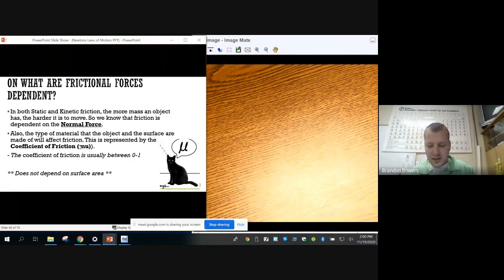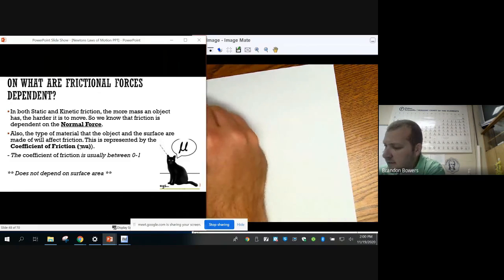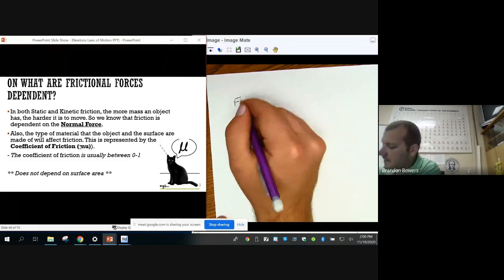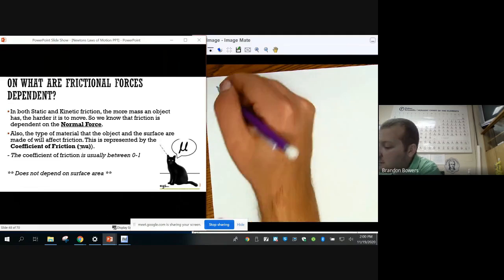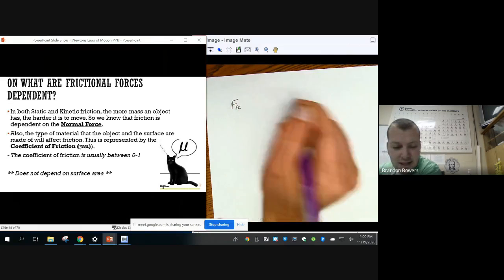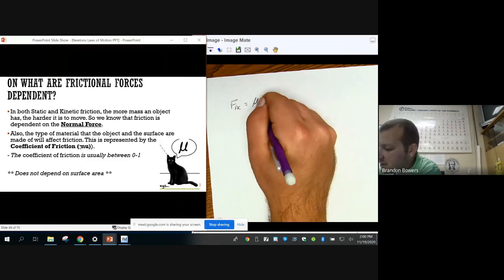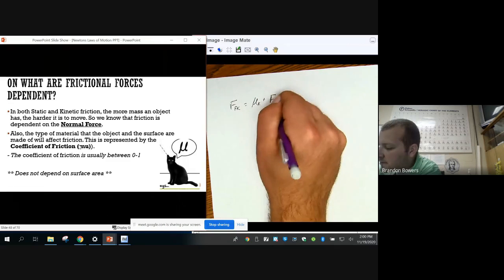So our equation looks like this: the force of kinetic friction is equal to the coefficient of kinetic friction times the normal force.